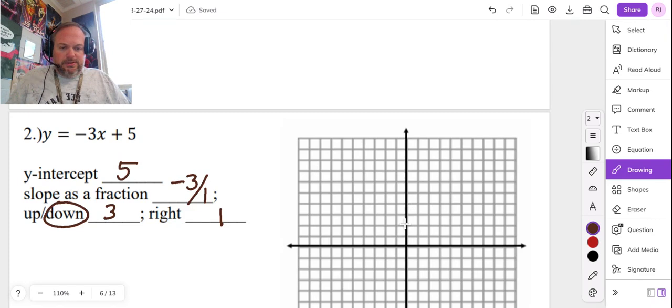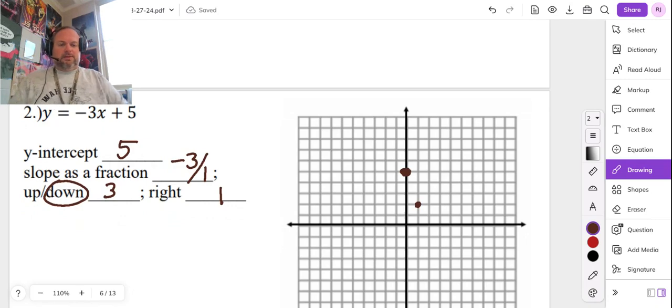So 1, 2, 3, 4, 5. Now, notice I'm going from the y-intercept. I'm not starting back at the origin. I'm going right here from the y-intercept. So I'm going down 1, 2, 3. And then 1, 2, 3.